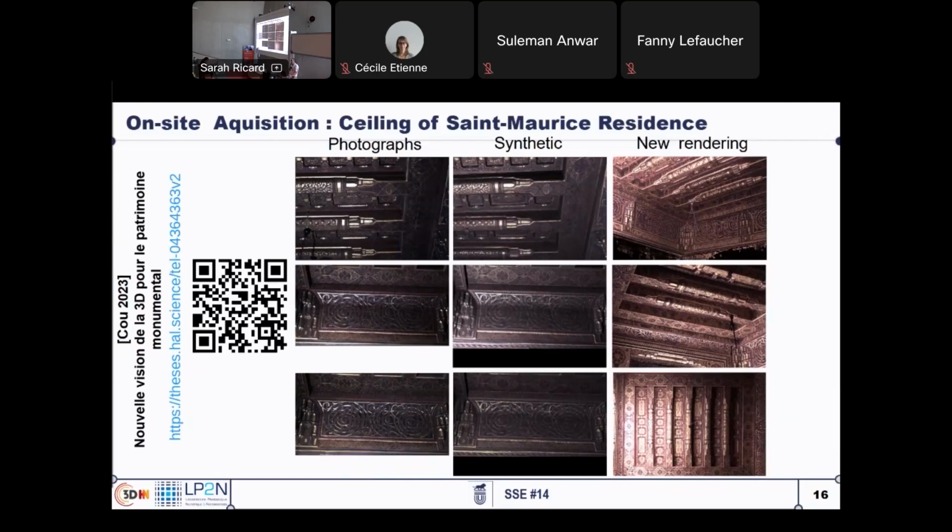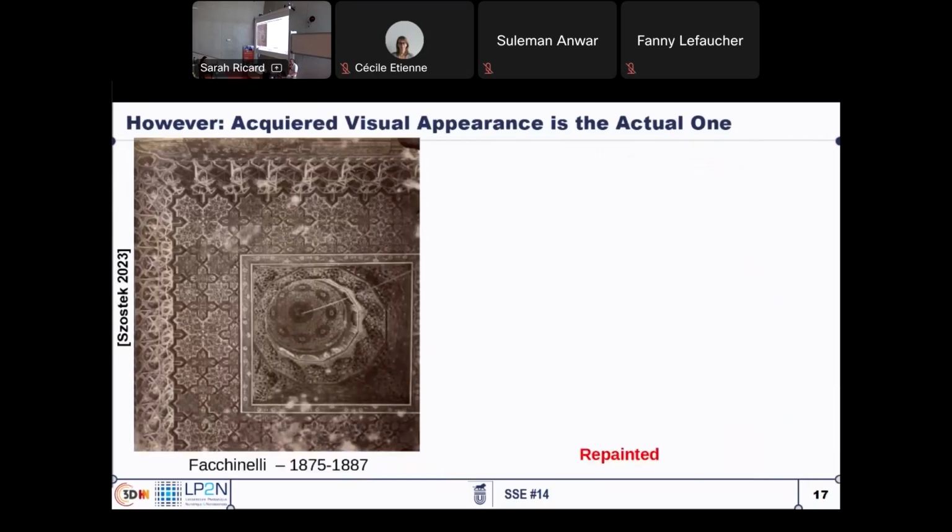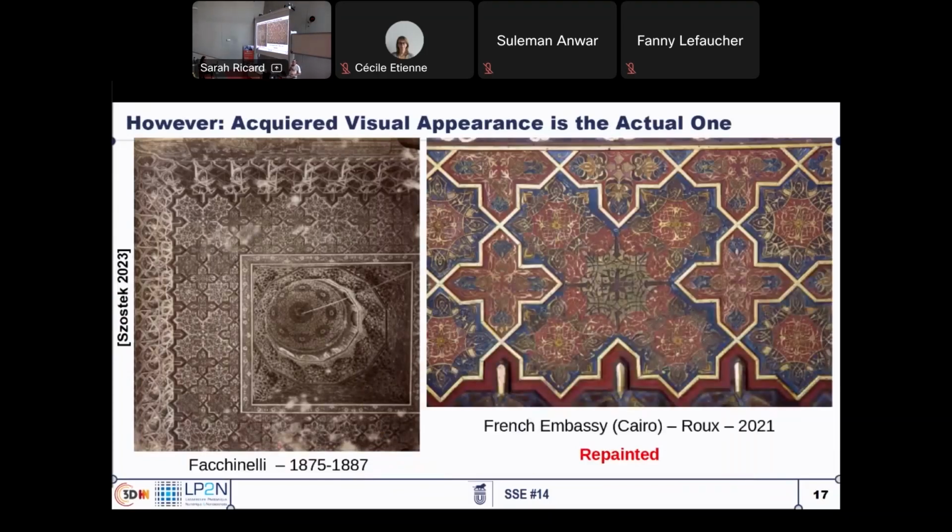So it was a lot of work, a lot of data, and perhaps it was not necessary because once we had studied it for a long time, we were sure that this is not the actual painting. The actual painting is not the painting that we have when such a photograph had been taken. So even if you are doing highly precise acquisition, characterization, and so on, it's very difficult to recover what was in the ancient acquisition.